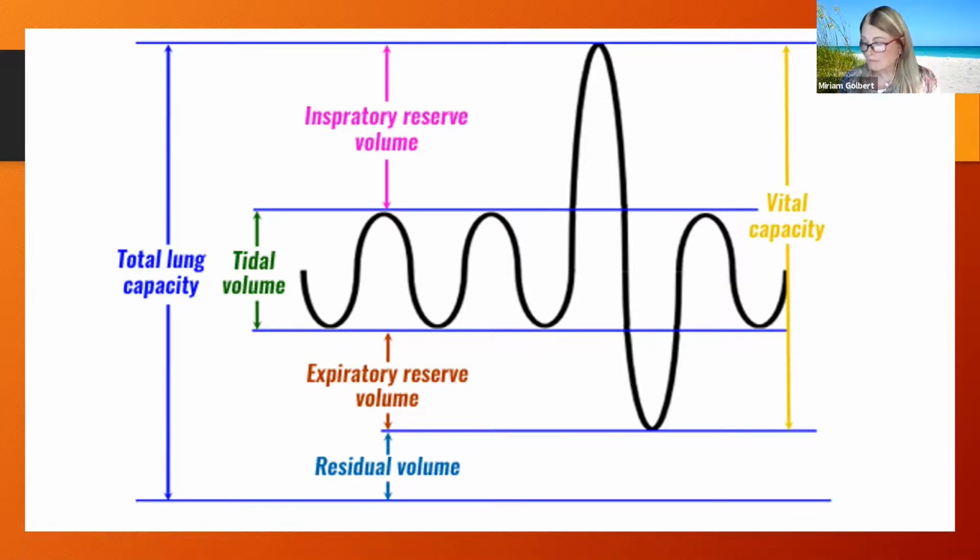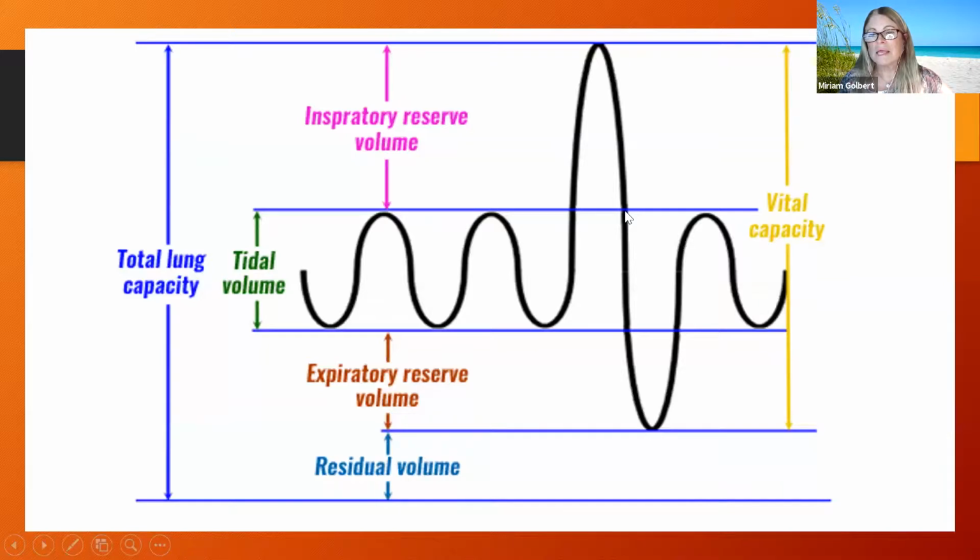Inspiratory reserve volume is any air that we can inhale beyond the tidal inhalation. See, so here will be my tidal inhalation up to here, but if I force it, I can inhale more. So that's what we call inspiratory reserve volume. And same with expiratory reserve volume.